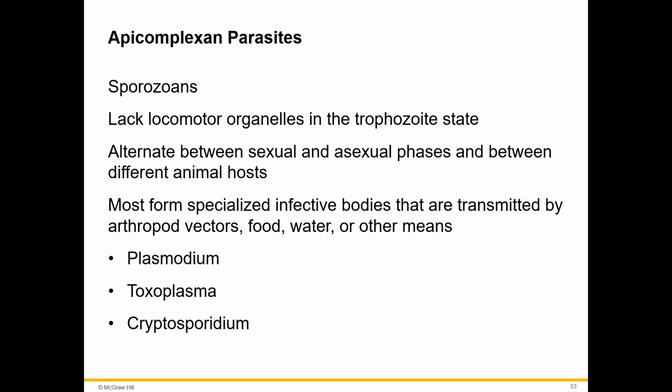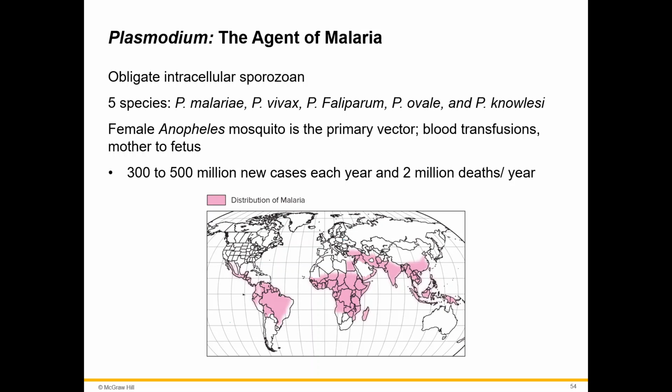But typical representatives for apicomplexans would be plasmodiums, and then we've got toxoplasma and cryptosporidium. Okay. And so getting into plasmodium, this is the cause of malaria, this particular genus of different species. Okay.